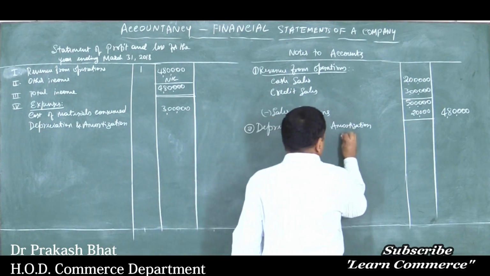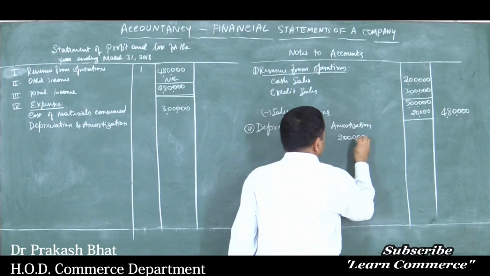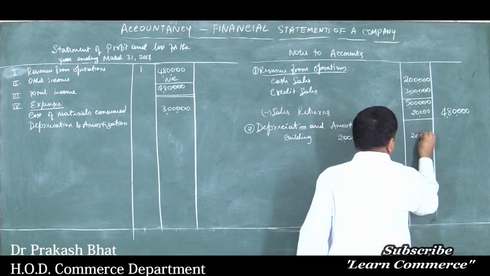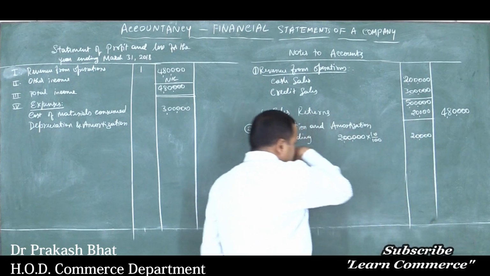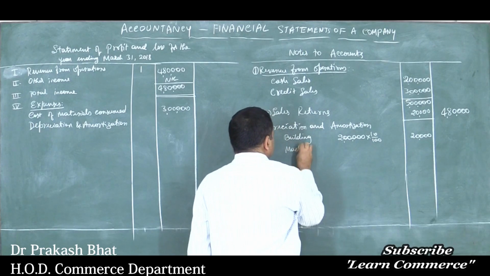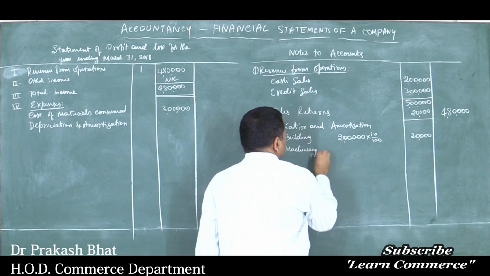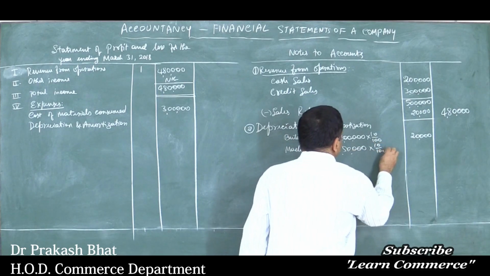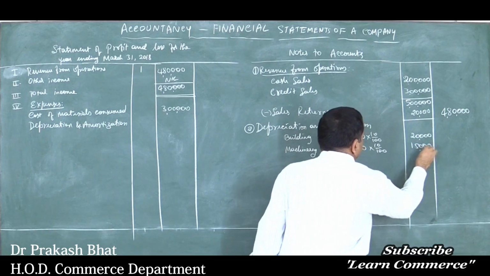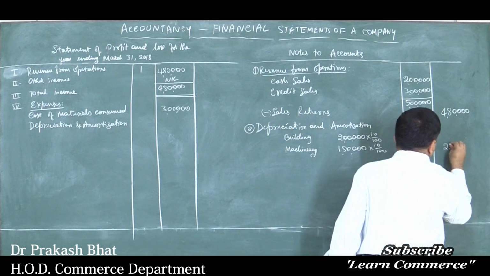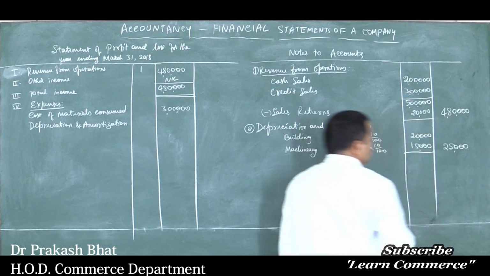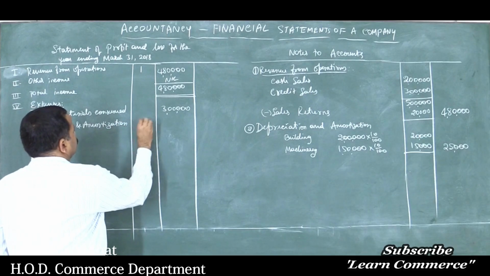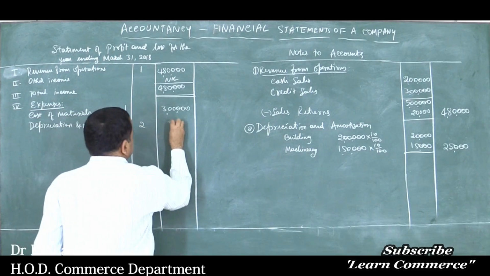Yes, 2 lakh into 10%. 10% comes to 20,000. 20,000, and machinery 1,50,000 into 10%, 15,000. Together it will be 35,000. So here depreciation and amortization, note number 2. Note number 2, how much is it? 35,000.